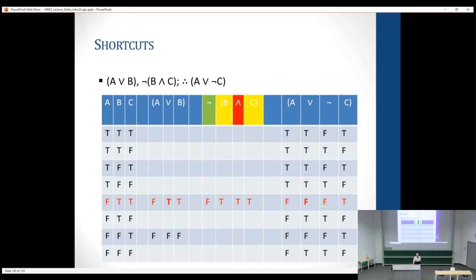So, is this argument valid or invalid? Valid. It's valid. Because there are no valuations. There's no way to make the premises true and the conclusion false.